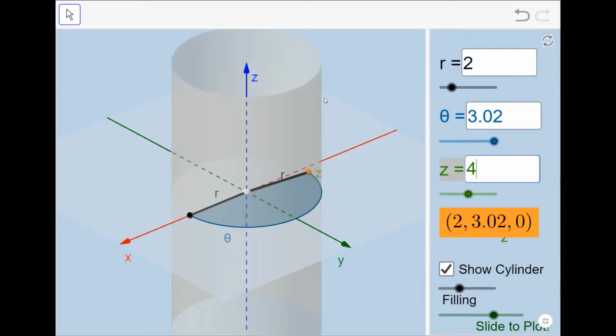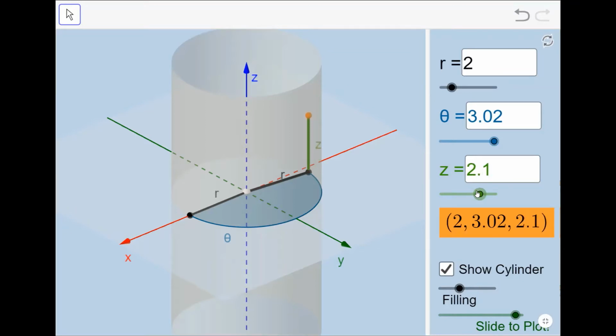Then to draw that point, we have to complete this one, then must go in the z direction, and I here reduce the value of z.